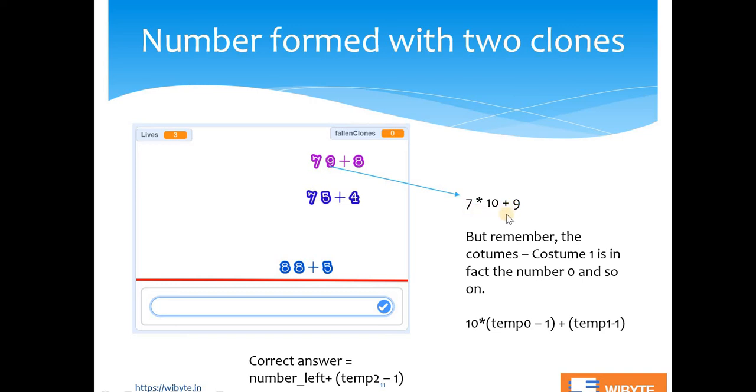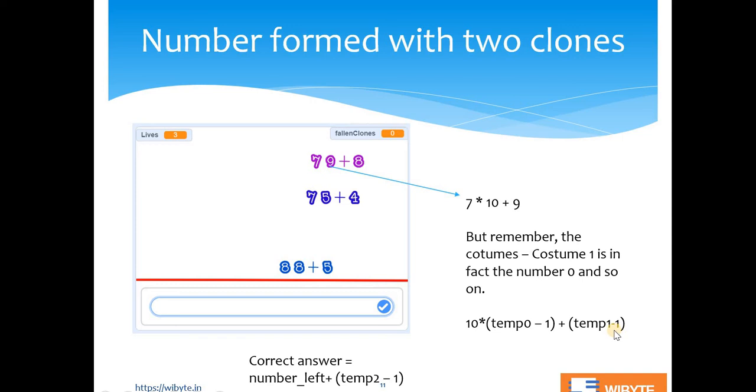So this part is clear, but because of the way we have coded this, remember that the number is in fact 1 less than the costume. So if the costume is 1, then the number is actually 0. We spoke about this in the original project. So when I use a variable temp0 for the leftmost costume, the number I'm looking at is 10 times (temp0 minus 1) plus (temp1 minus 1).